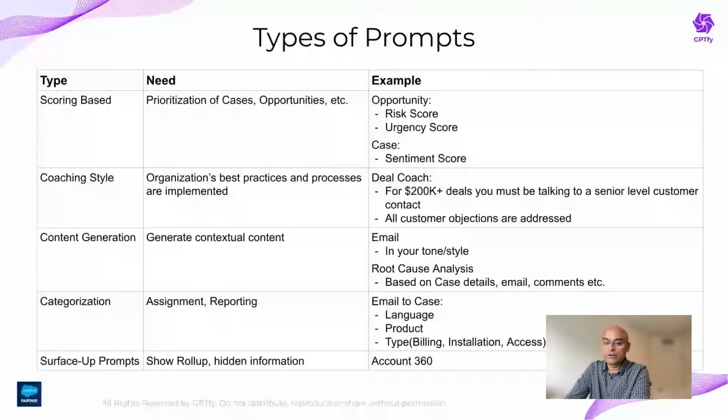How are those relationships? Are they rock solid right now, or shaky because maybe our cases have been open for a very long time, the customer is frustrated, and you are working on a deal? You're not going to close that deal because the customer is not happy with what you sold them before. So those are your surface up prompts.